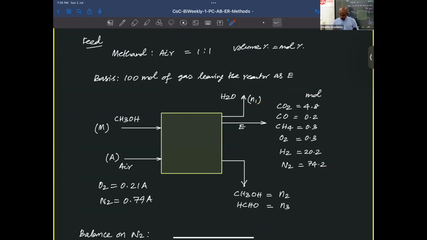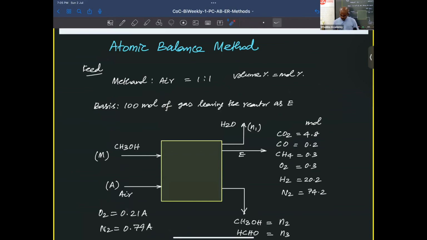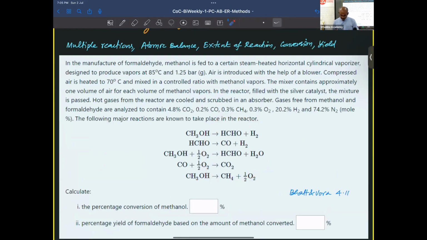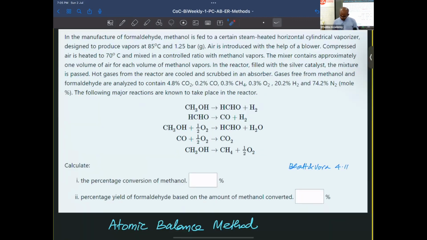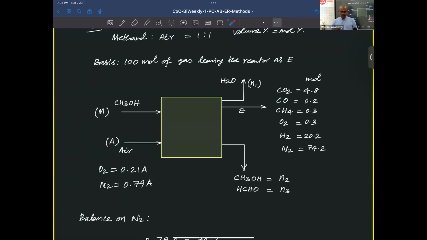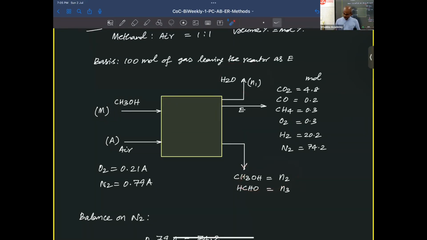And we also know there is a formation of water, and water would have been removed in the scrubber itself. That's why that data is not available. But from the reaction, water is also there. So let us take the flow of, since these are all in moles, this N1 refers to moles of water, N2 refers to moles of methanol, and N3 refers to moles of formaldehyde.